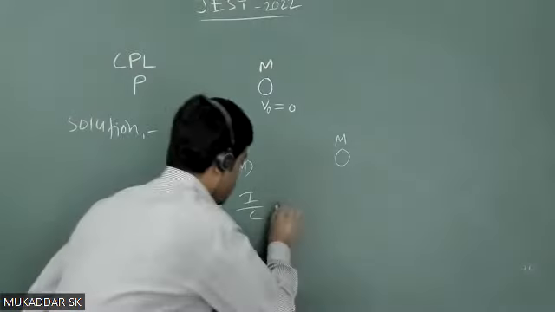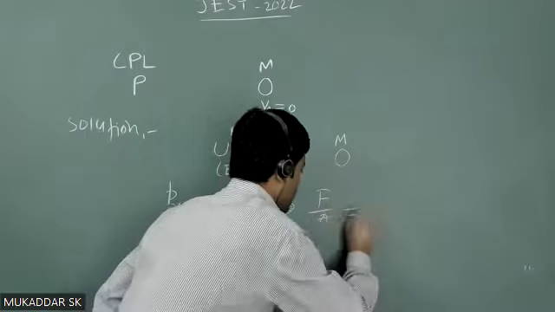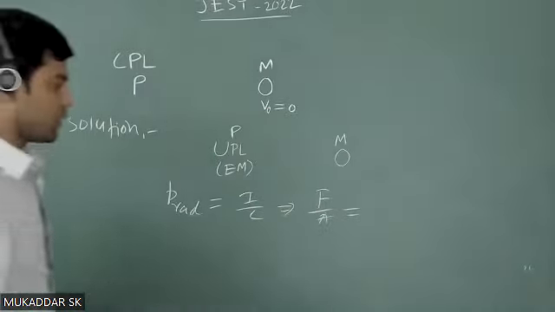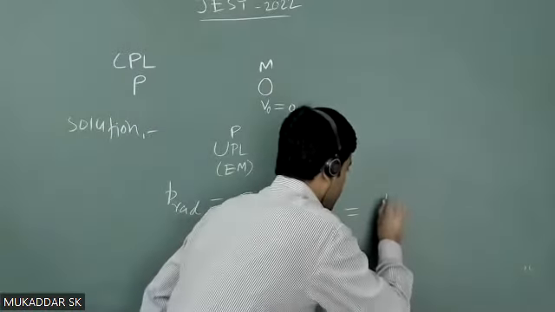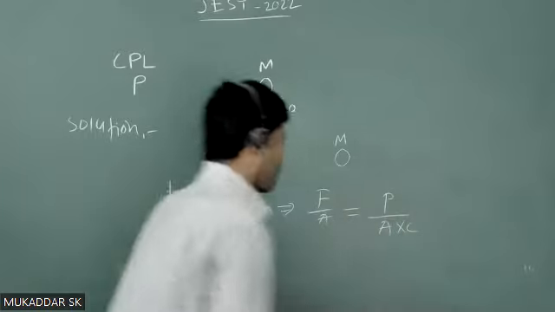And we know pressure is nothing but force per unit area. Also, intensity can be written as power P divided by area into c.